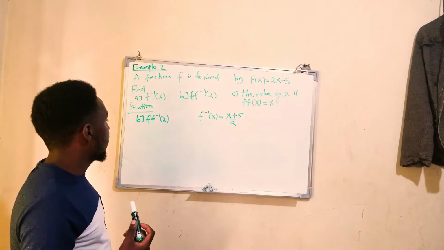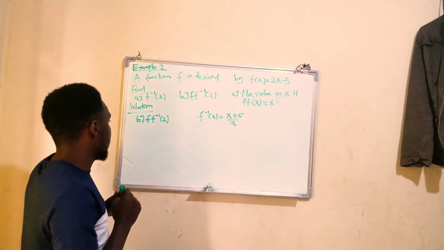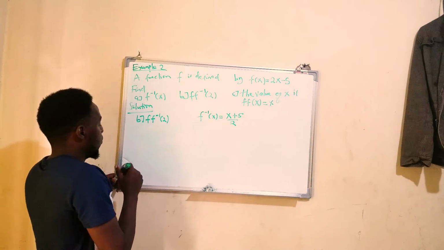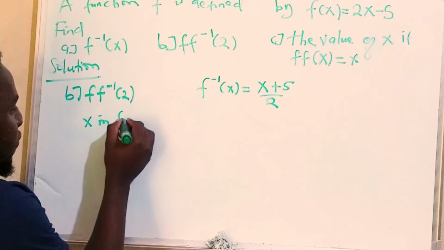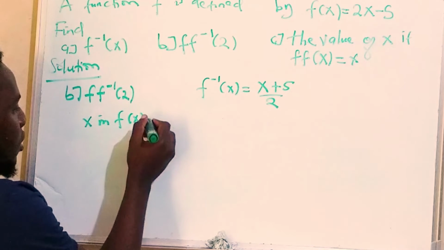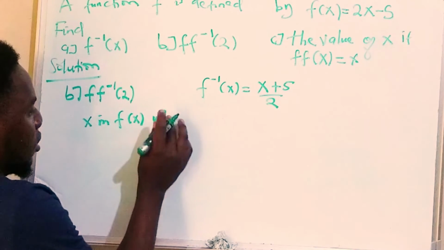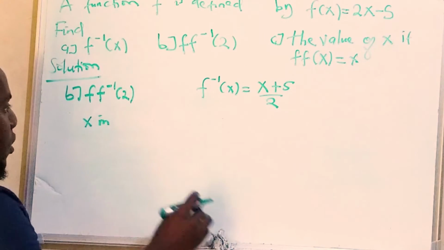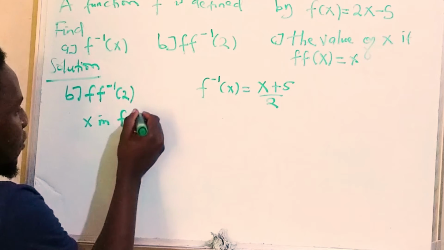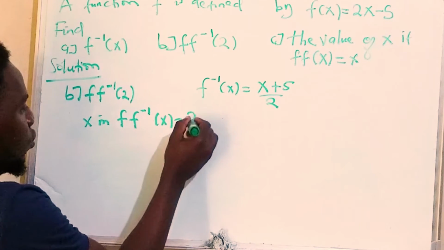Now, this is a composite function. It's telling us that where there is x in f of x, we put what is x in f of f inverse of x, we put 2.